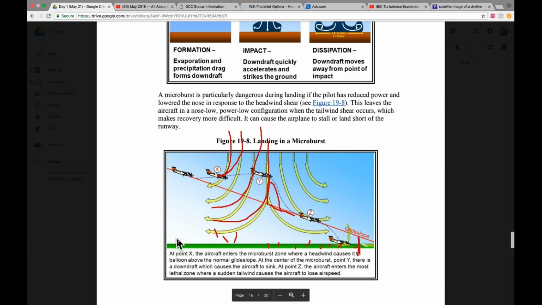But what happens is there's several probes that are placed along the approach path into the airport. And these probes will detect wind shifts and put out a warning of microbursts occurring at the airfield.